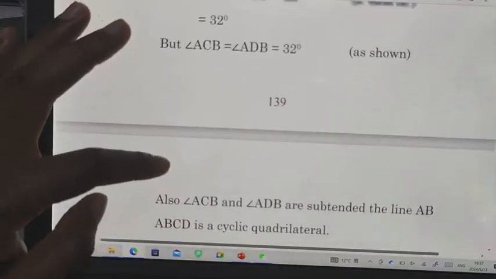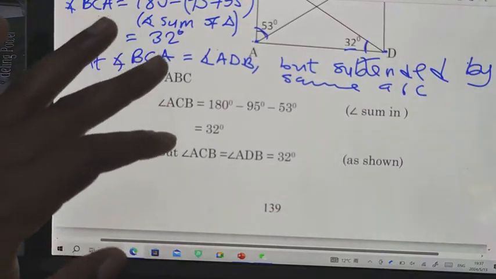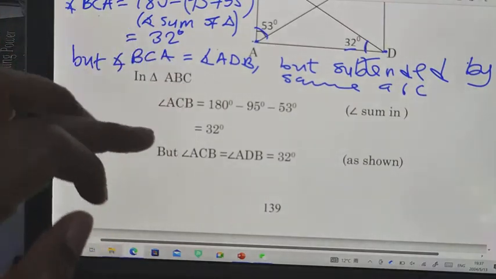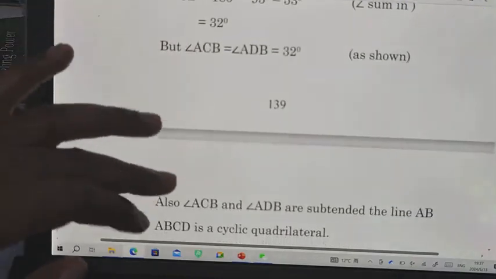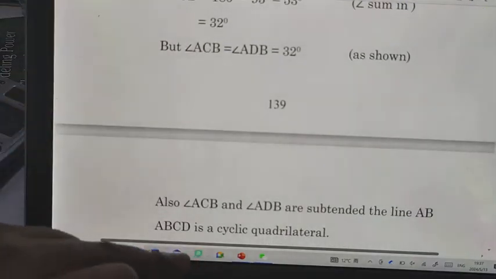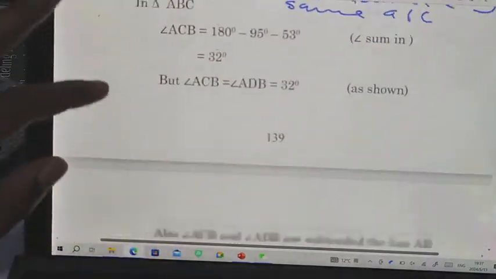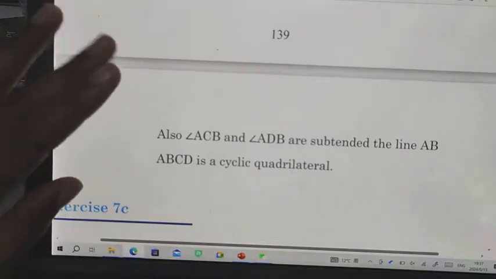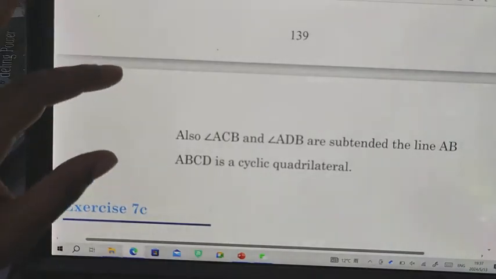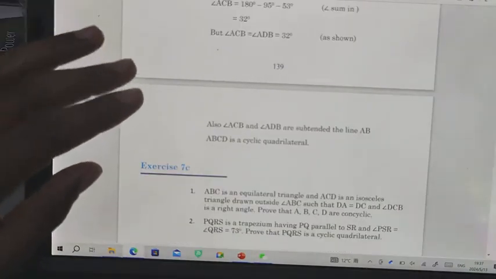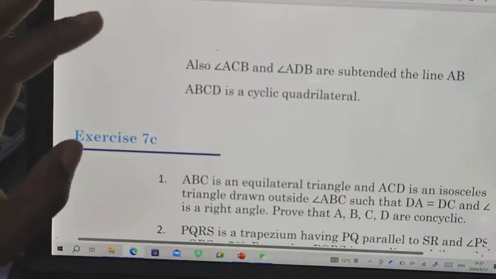So we say that angle ACB, or BCA, is equal to ADB, and is equal to 32 degrees as we have shown there, and those are subtended by the same line AB. Because that is the scenario, we can conclude that indeed this is a cyclic quadrilateral.